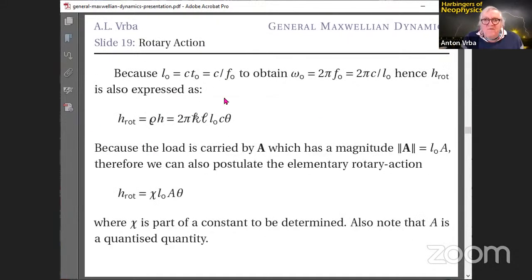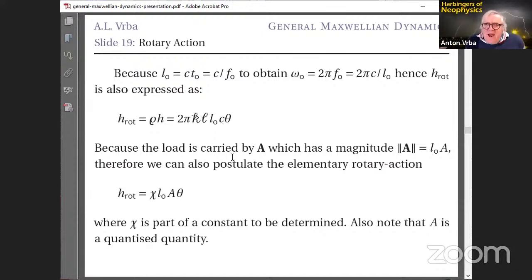If I have L0 as the speed of light divided by the quantum frequency, which would be 1, we obtain that omega 0 is 2 pi c over L. Hence, we get this expression.